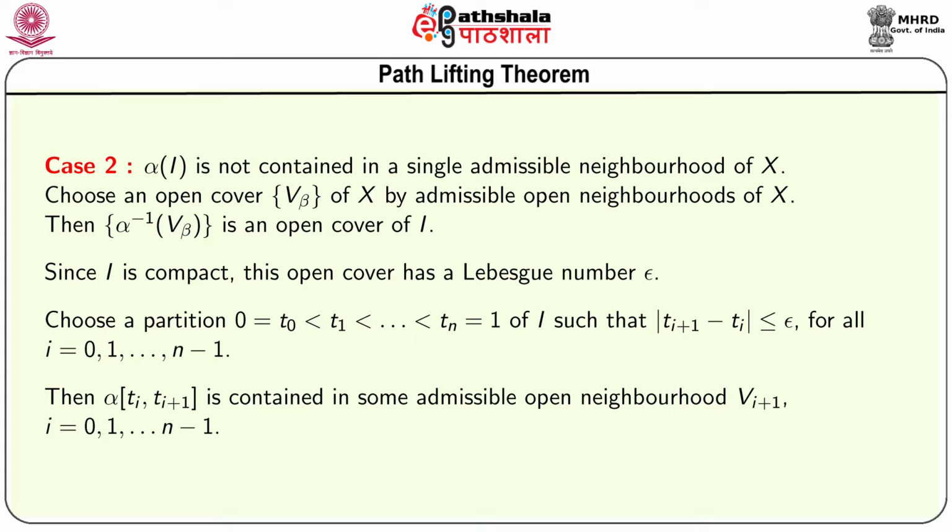Now, we choose a partition of the closed interval 0, 1 by the points t_i such that the length of each subinterval t_i to t_{i+1} is less than or equal to epsilon. Then the image of this subinterval t_i to t_{i+1} under the map alpha is contained in some admissible open neighborhood V_{i+1}, for every i from 0 to n minus 1.